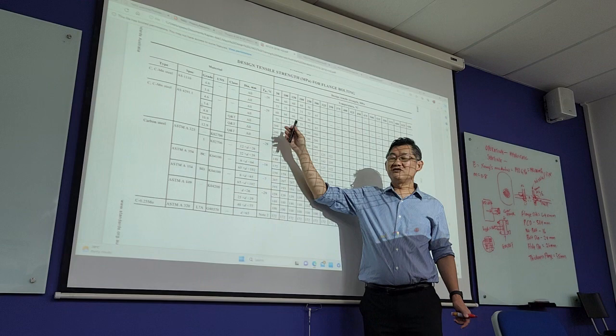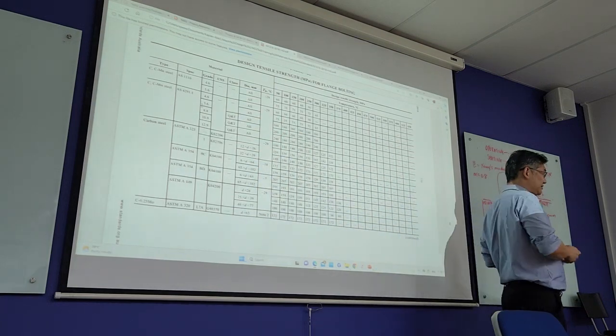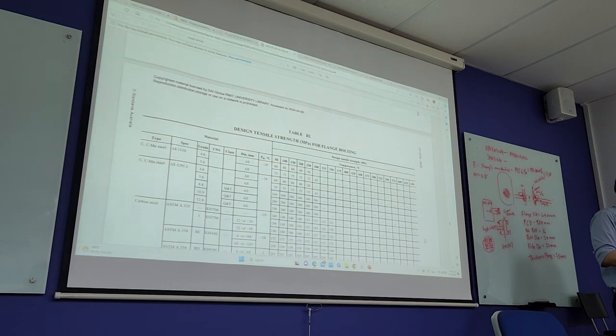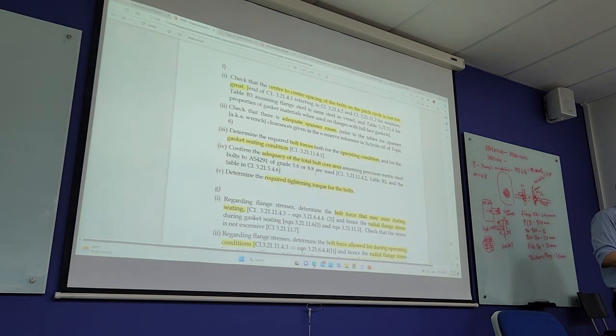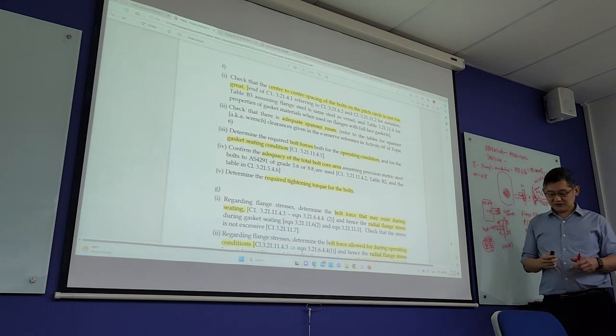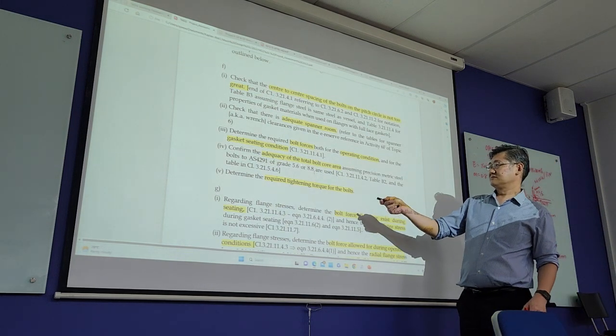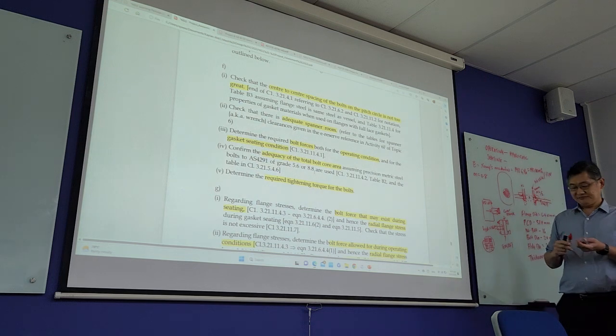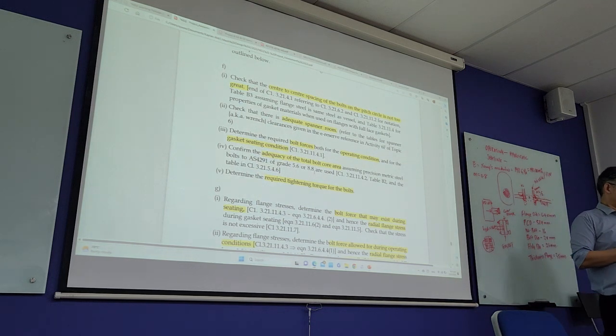You need to know these two values in order to find out later which one to use. So Table B2 is important to you, because you want to find the total area of the bolt, whether adequate or not.